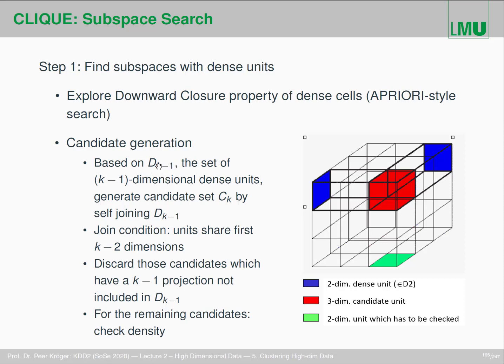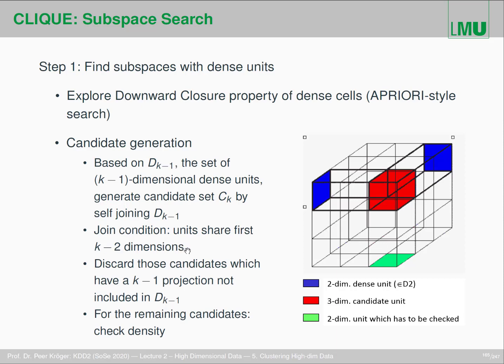From those dense units of dimension k-1, we generate a candidate set of dimension k by self-joining all subspaces in D_{k-1}, and the join condition is exactly the same as in the frequent item set mining problem, that the units have to share the first k-2 dimensions.